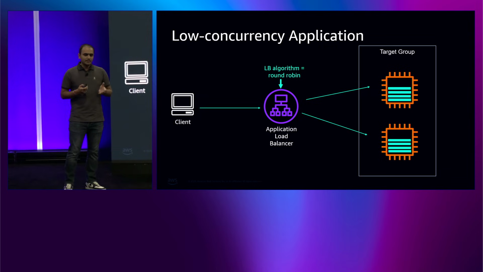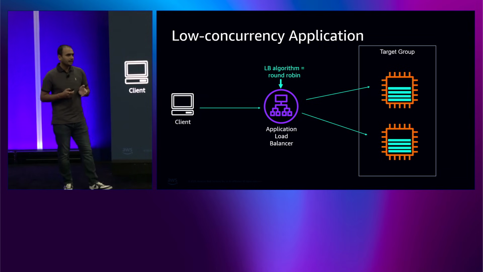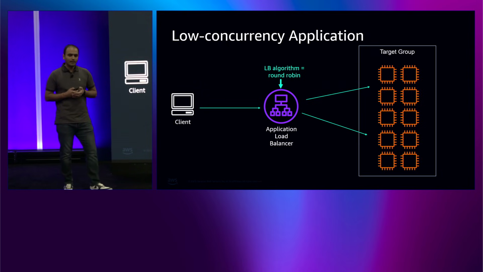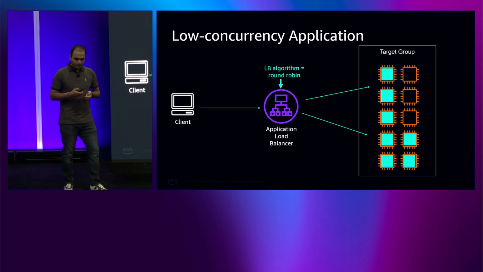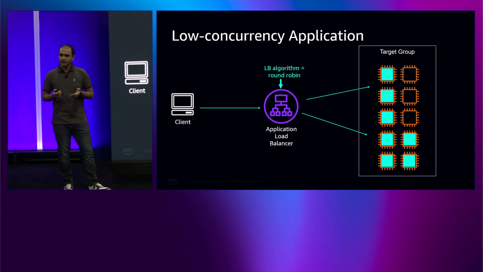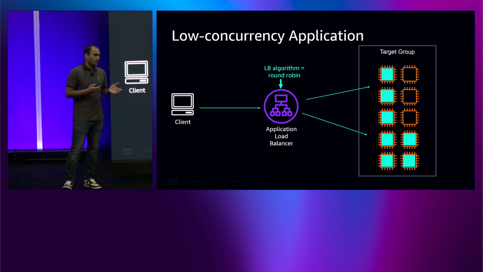So for these applications, instead of a small target group where each target is doing thousands of concurrent requests, you have a very large fleet size, where each target can only process a few requests at a time. These could be as few as 100 or 10 or 5 or 2 or sometimes even 1. In my example, I've shown them to be able to process only one request at a time.